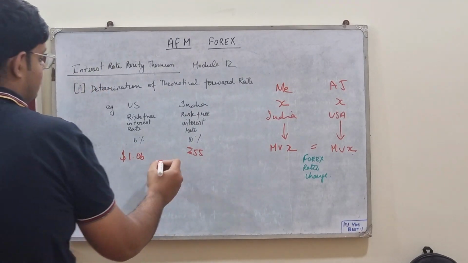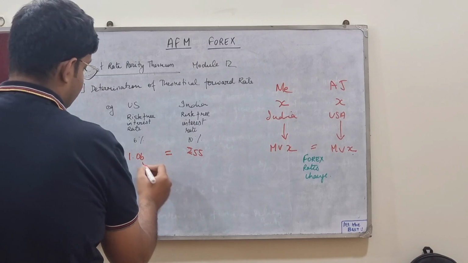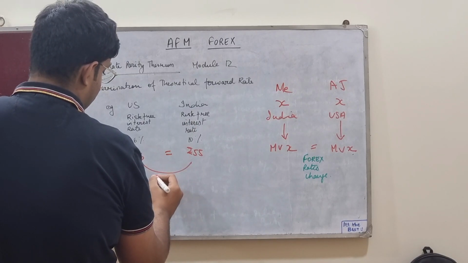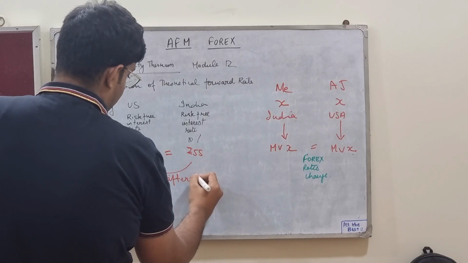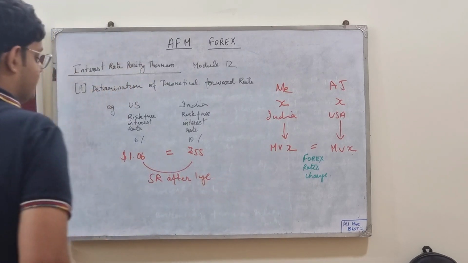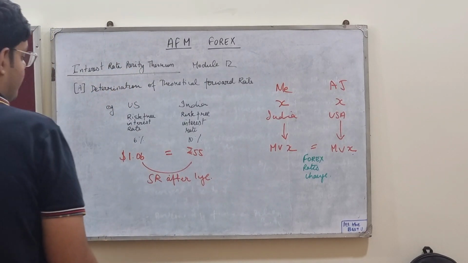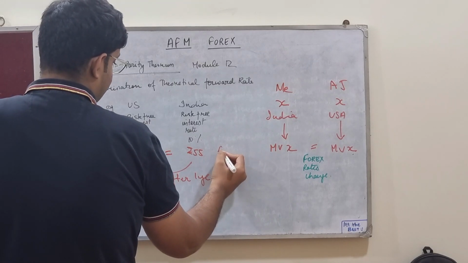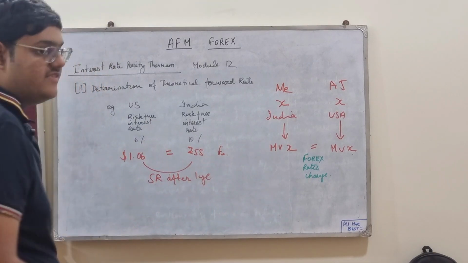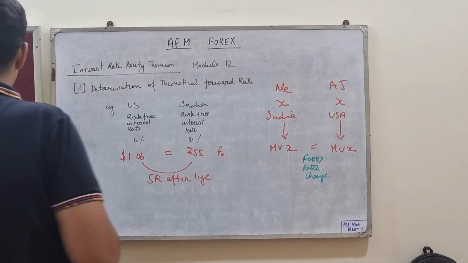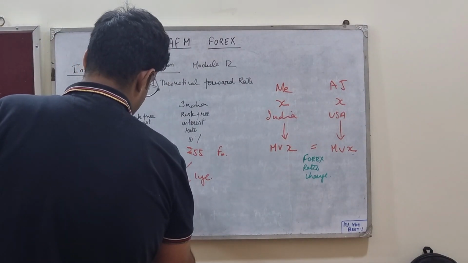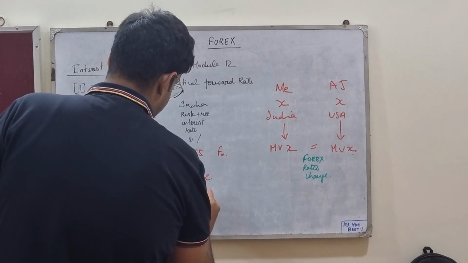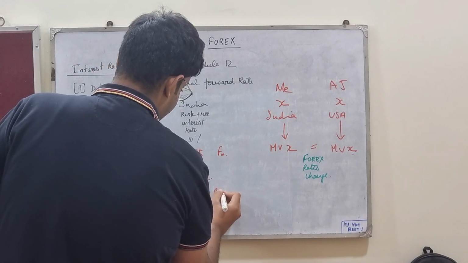Now this should be the spot rate after 1 year according to the theorem. So this is the theoretical F0. That would be, I guess, 51.89, which is $1 is equal to rupees 51.89.